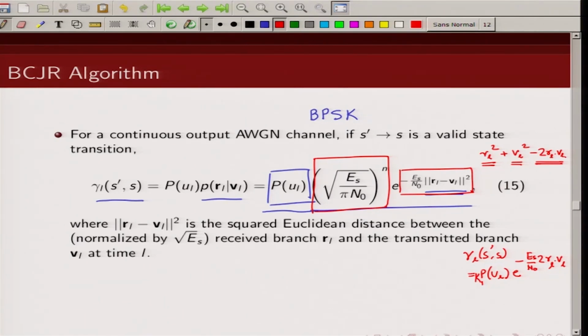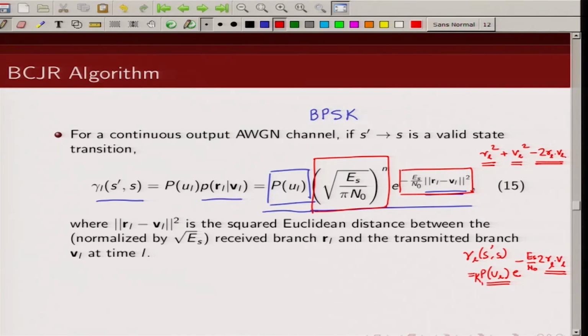So, in a nutshell, our gamma depends on this term, and it depends on what the a priori probability of U L is. So, for an additive white Gaussian noise channel, when we are employing BPSK modulation, we can simplify our expression for gamma.